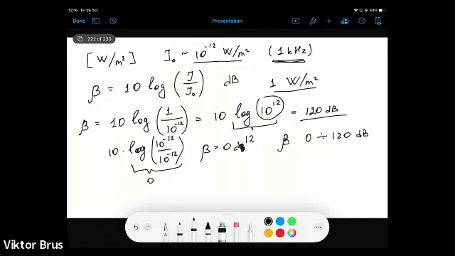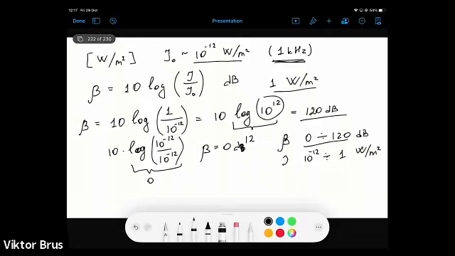If we operate with sound intensity, we need to deal with something from 10 to the minus 12 to 1 watt per square meter. So obviously it is easier to operate with such a range of numbers from 0 to 120 than with numbers in the range of 12 orders of magnitude.